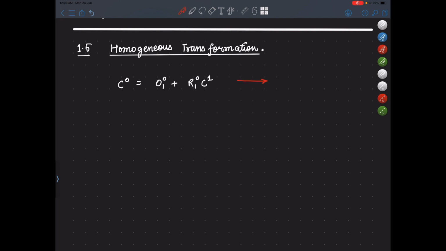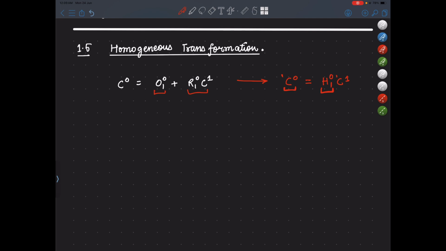A homogeneous transformation, for a single transformation, instead of having these two separate parts, gives a single expression of a single matrix multiplication. So you can write C naught prime equals H1 naught into C1 prime. Here prime means that we are dealing in homogeneous coordinates, and this matrix is called the homogeneous transformation matrix.